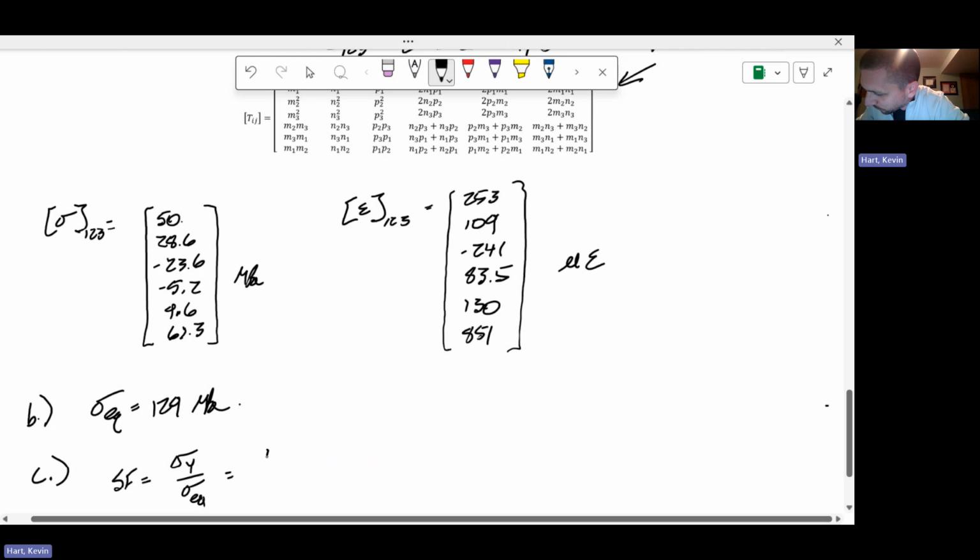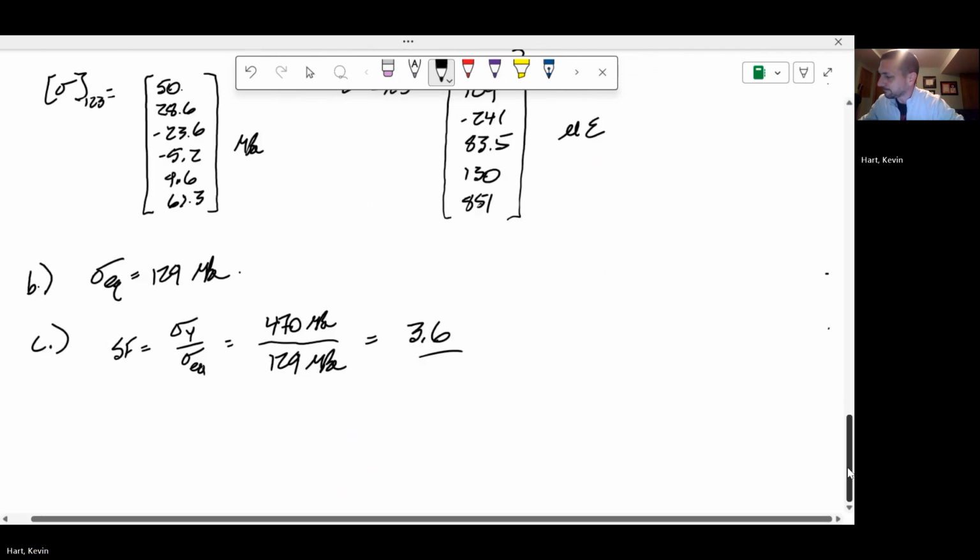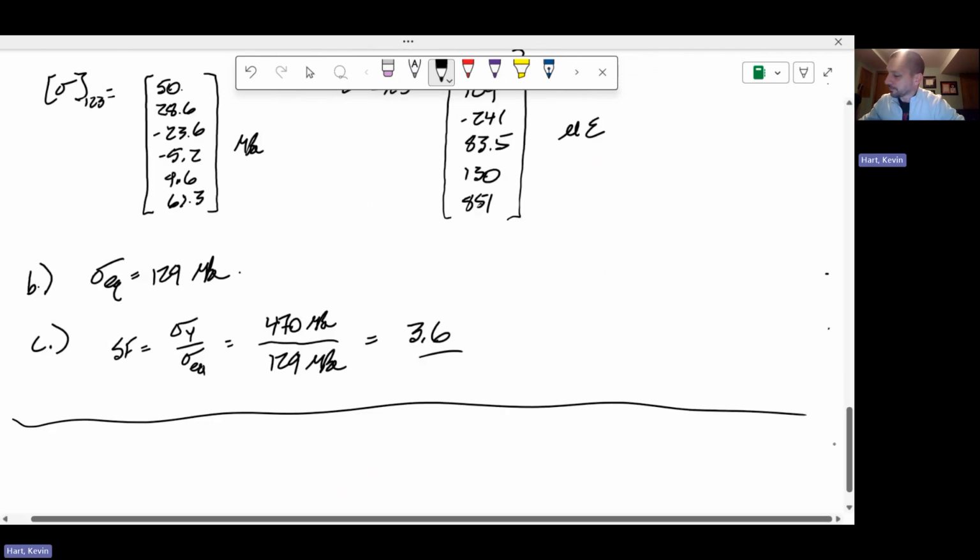This here is 470 MPa, which is given for steel. That's the yield stress of steel divided by the current equivalent stress, which you calculated in part B as 129. These two together give you a safety factor of 3.6. So that's part C, and that's problem number 2.